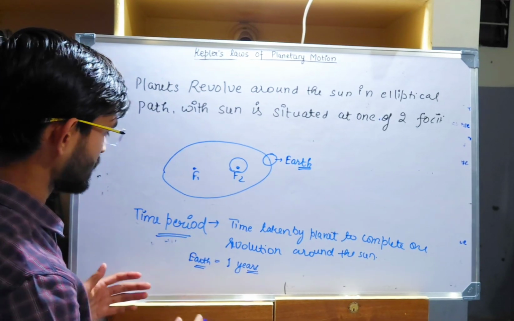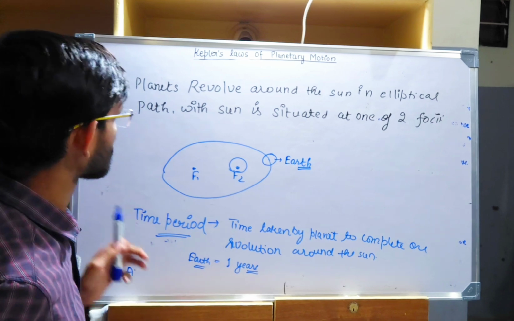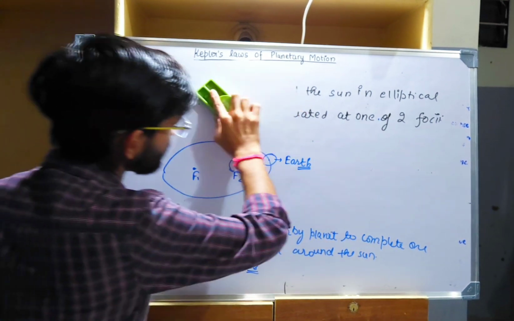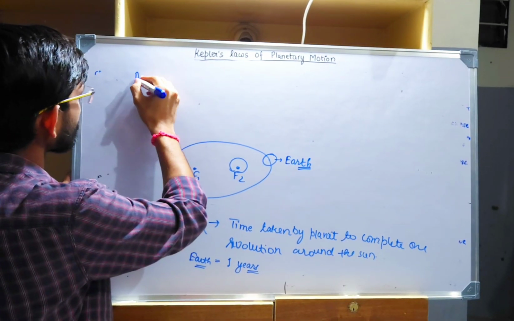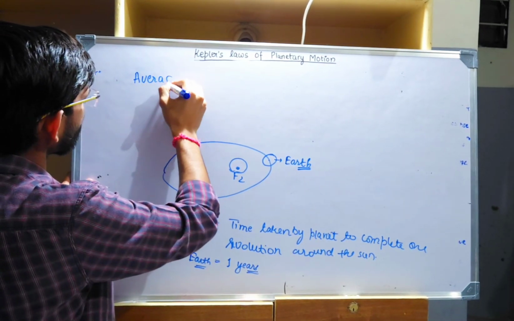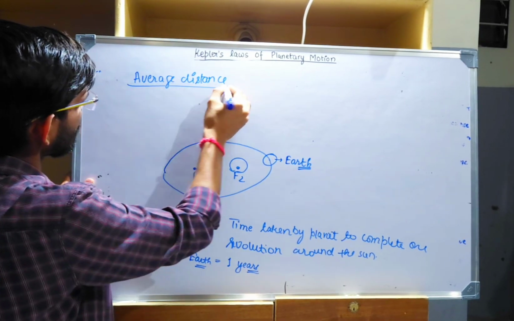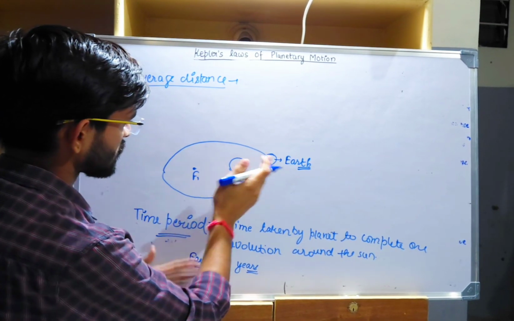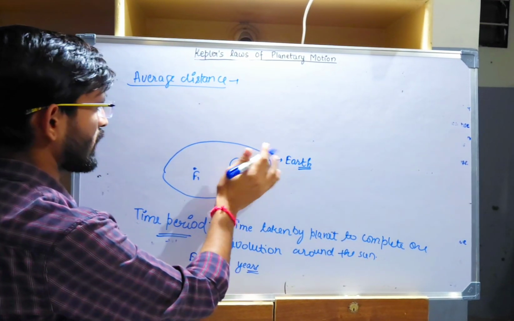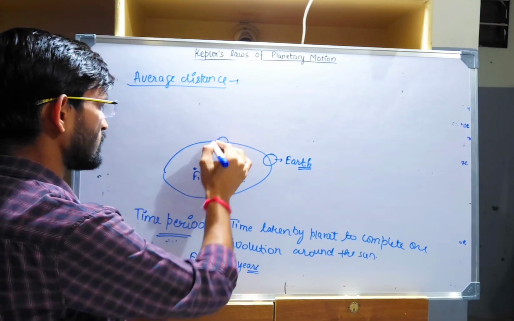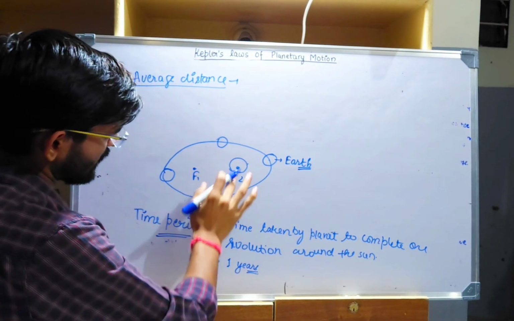Now, one more important thing: average distance. As you can see, Earth is revolving around the sun. At some point of time Earth will be here, at some point of time Earth will be here, and at some point of time Earth will be here.